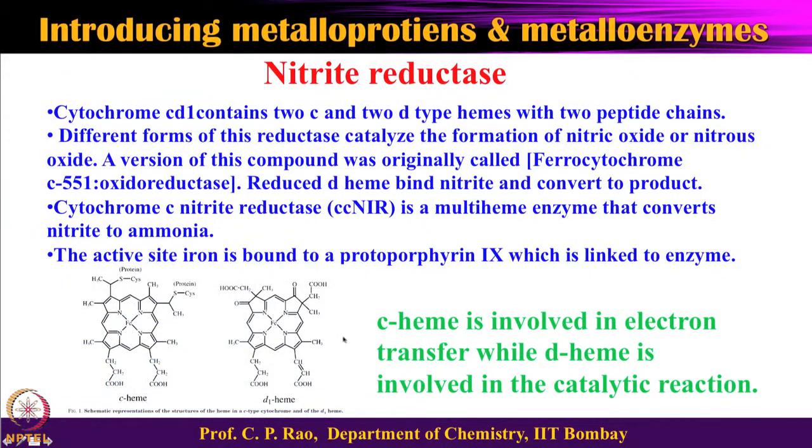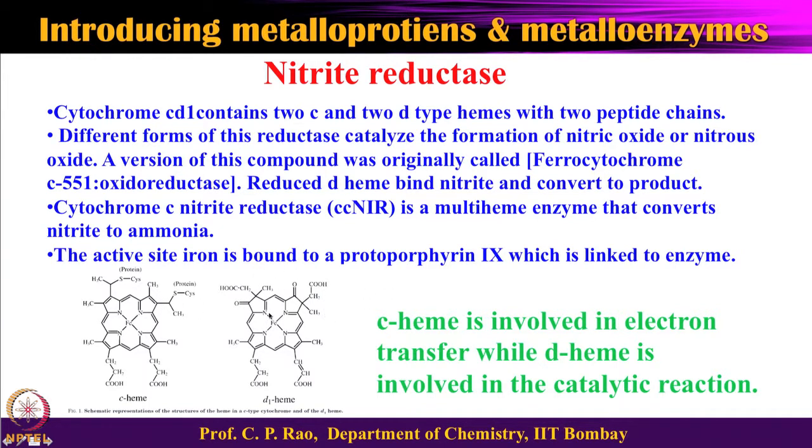As you can see below, there are two types of heme, heme C and heme D. What is the difference? You can see that there is an oxidized part. That means some portion of the porphyrin skeleton is oxidized in this case, non-oxidized and then oxidized.